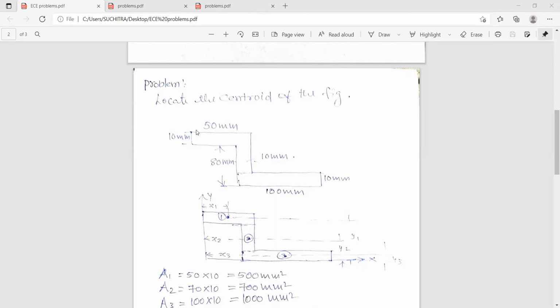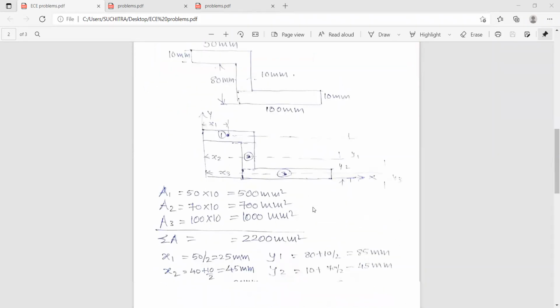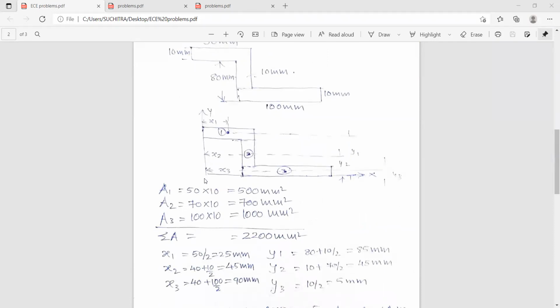First select the reference axis which touches the extreme left of the figure and the bottommost part of the figure. You can see here, this is y-axis and this is x-axis, and here you divide the figure into three parts.